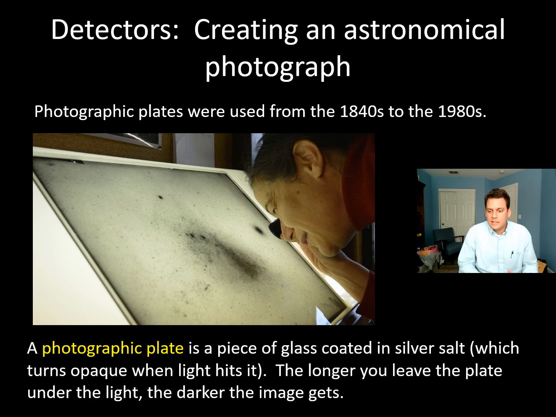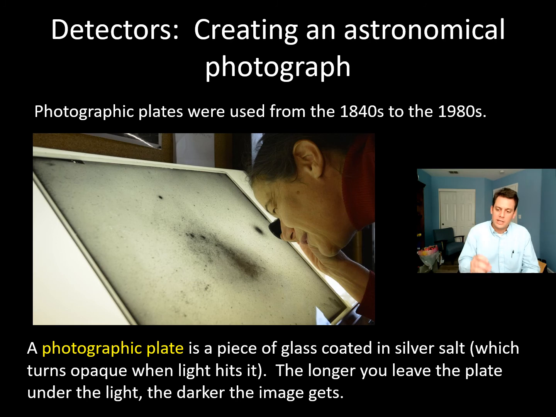But eventually, in the 1800s, photography was developed, and in particular, photographic plates were used for almost 150 years, starting in the 1840s all the way up into the 1980s. A photographic plate is just a piece of glass coated in a silver salt that turns black when light hits it.